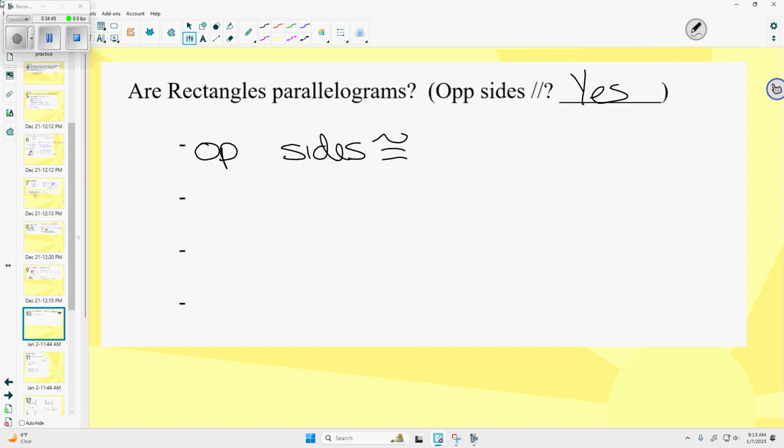Absolutely. Now you're probably getting sick of writing these, but the more we write them, the more they get in your head. What do we know about opposite angles in a parallelogram? What do we know about angles that are next to each other?